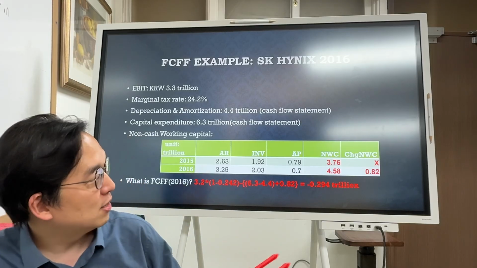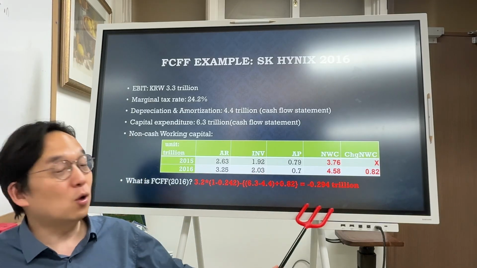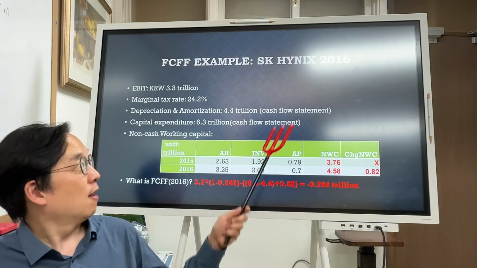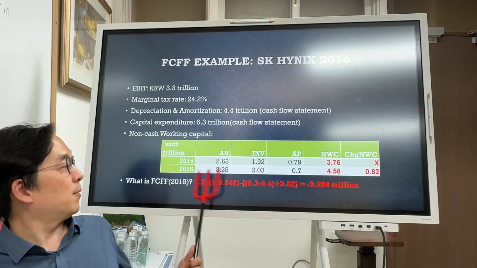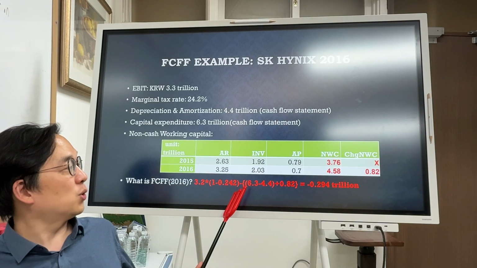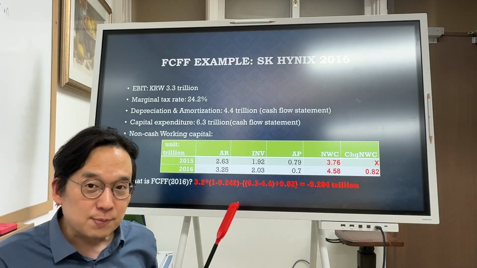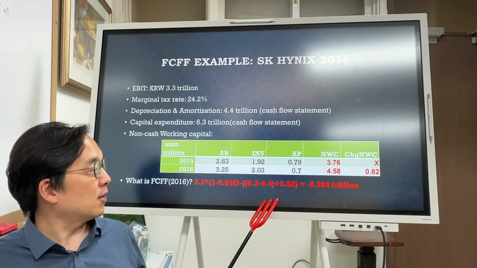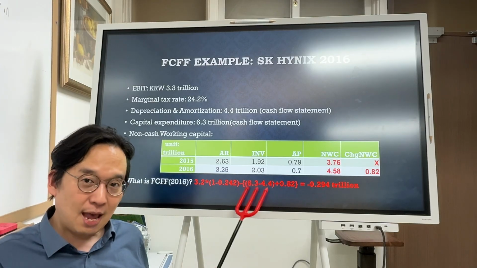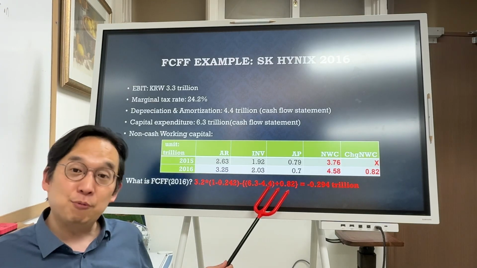So what's the consequence? How much is your free cash flow to firm? Well, you start with EBIT times 1 minus tax rate, and then subtract the reinvestment. The first part of your reinvestment is your net capex, which is capex minus depreciation.